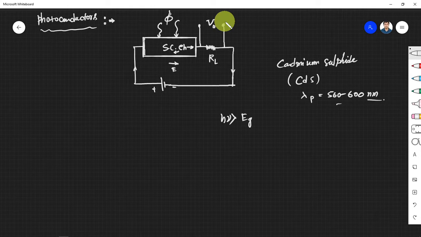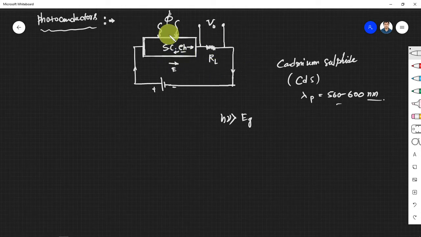Now as photons fall on the device, we'll have excess electron hole pairs, which increase the conductivity of the device, hence the current, and the output voltage also will change here, and we can use it as a sensor or a photoconductive device. These are used where we don't need a very fast response time, we use LDRs.